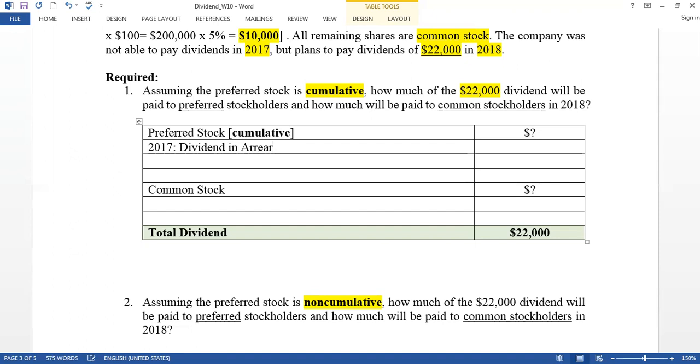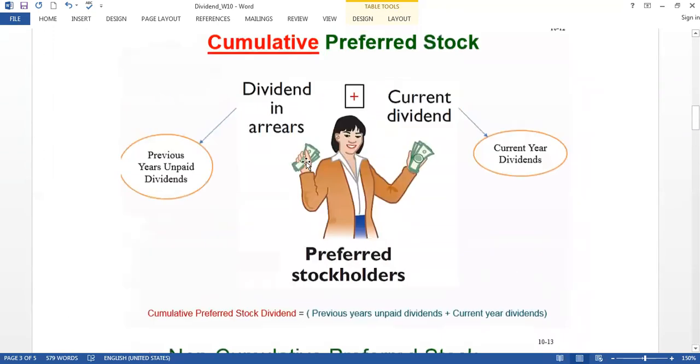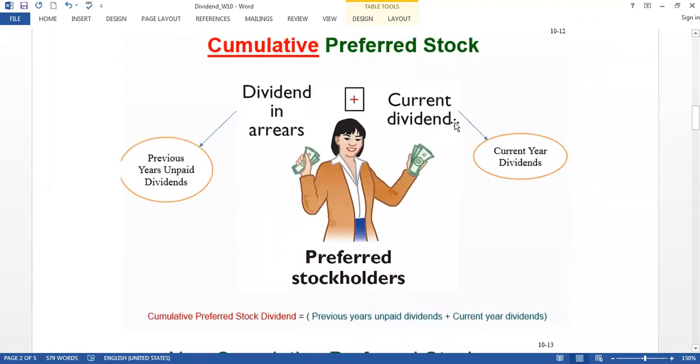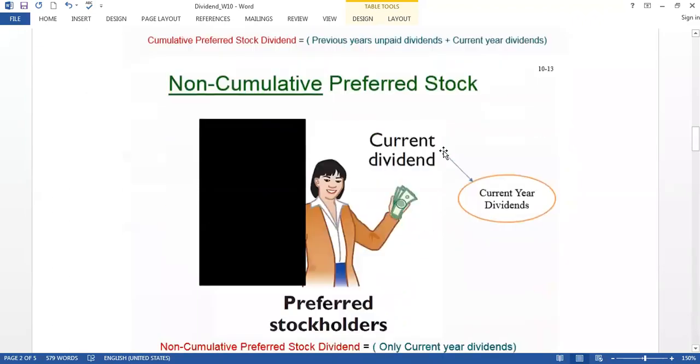And the other one, 2018, is called current year dividend. Do you understand? Dividend in arrear plus current year dividend, right?